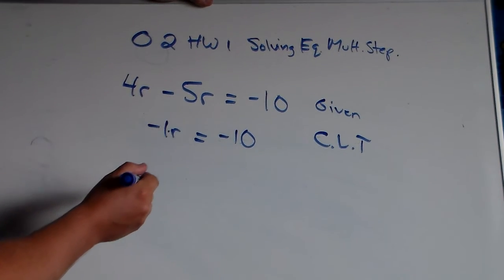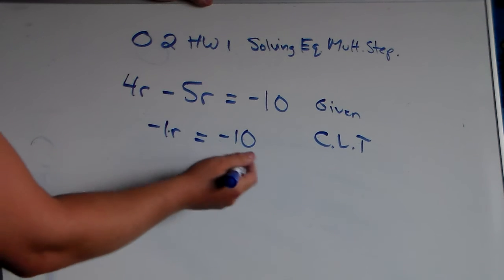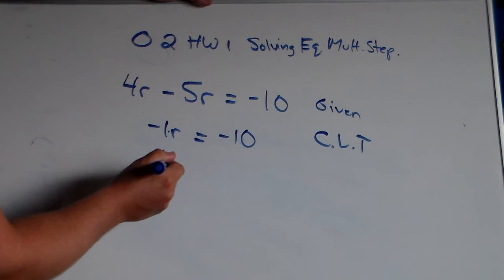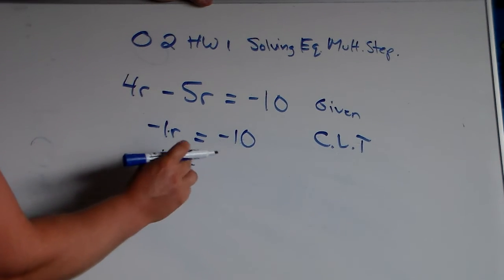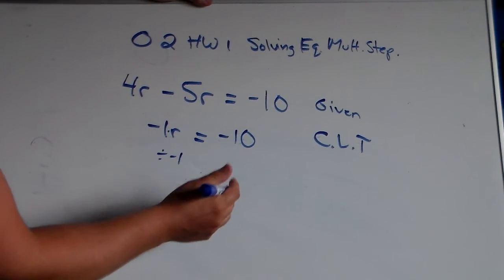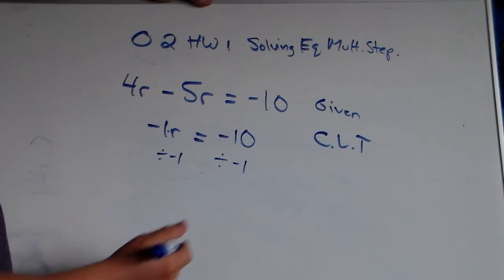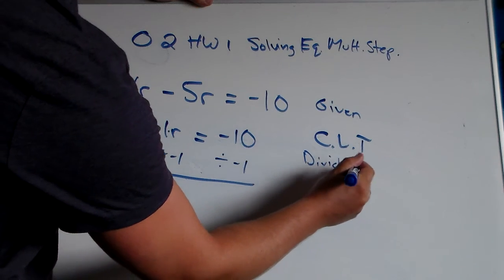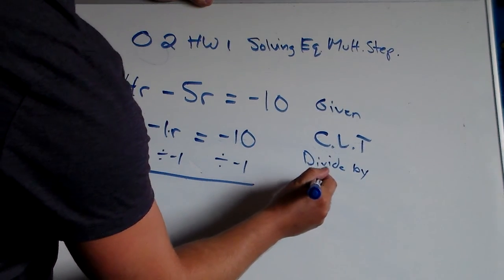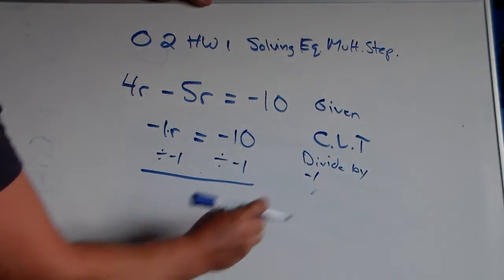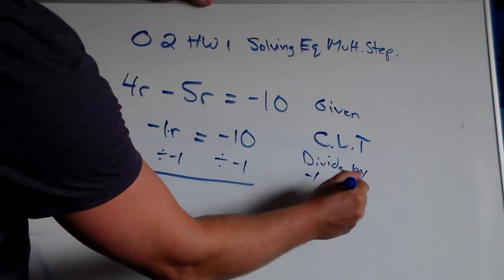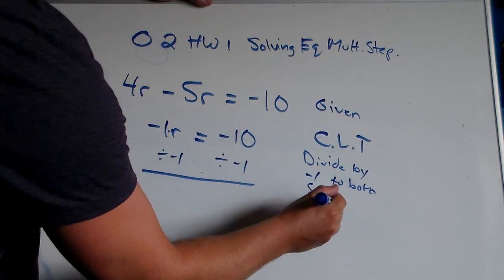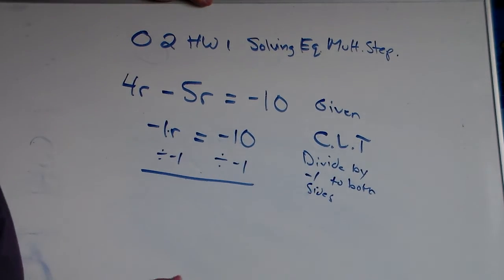Negative 1 times r equals negative 10 is what we have. The inverse operation of times negative 1 is divide by negative 1. And we're going to do this to both sides of that equal sign. So we divide by negative 1 to both sides. Both sides of the equation.